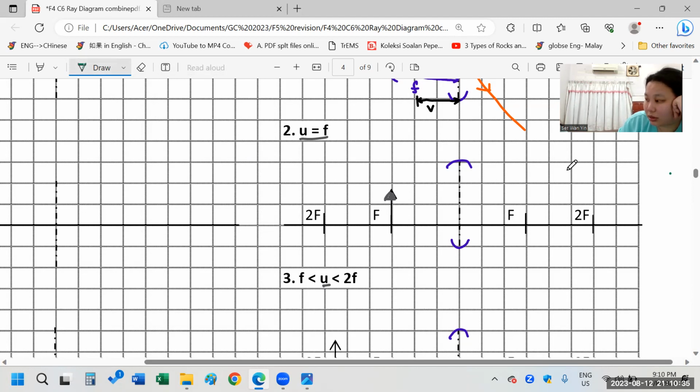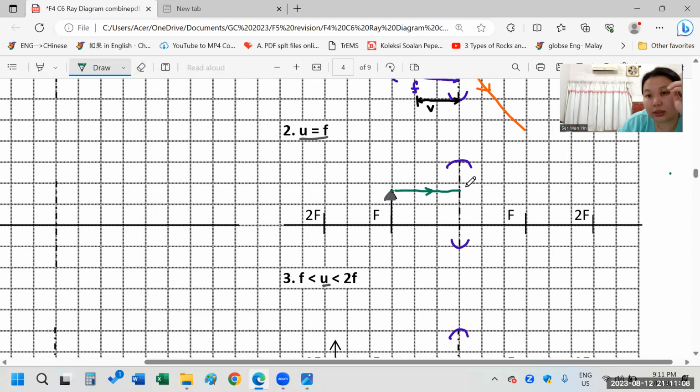Number 2, how to draw K? Parallel, by diagonal. Okay, K.